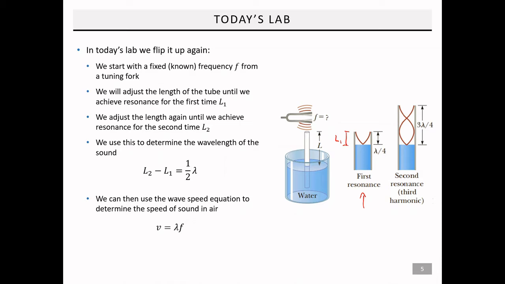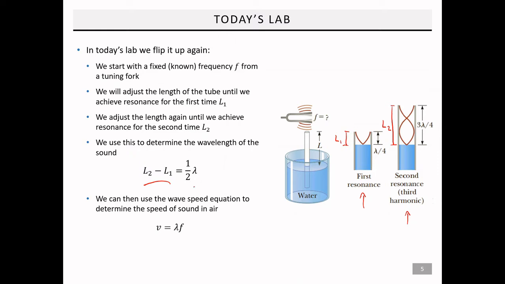Then we're going to adjust the length of the tube again until we hear resonance for the second time. This is shown in the second picture. We will determine the length of the tube and call it L2. The difference between L1 and L2 is equal to 1/2 of a wavelength, for the exact reason that I explained on the previous slide.